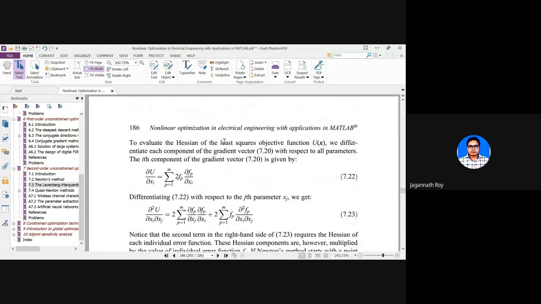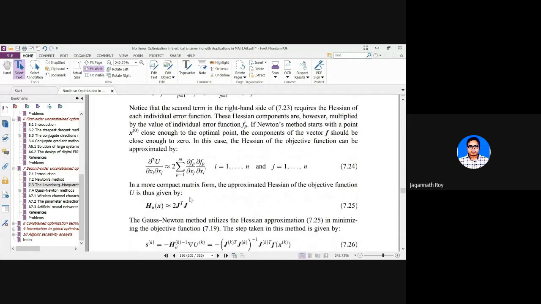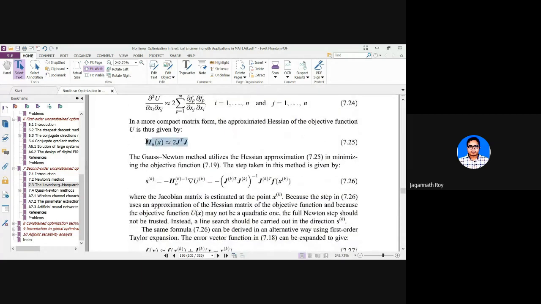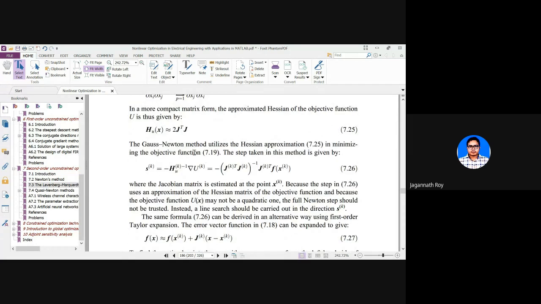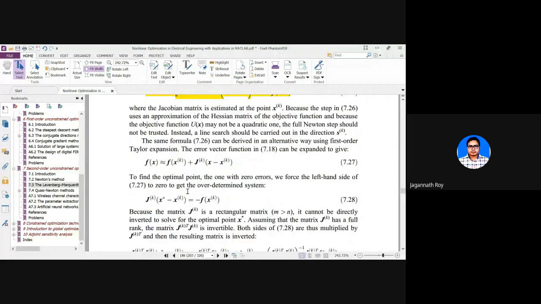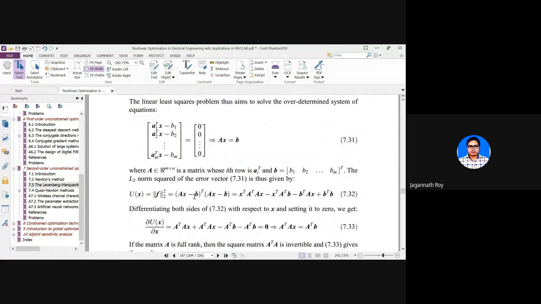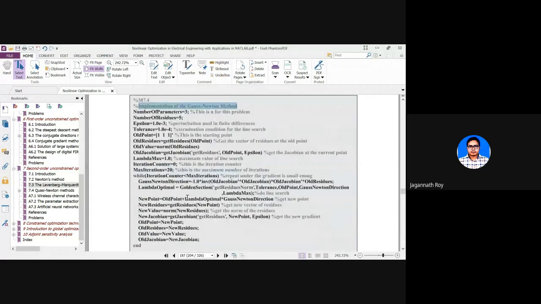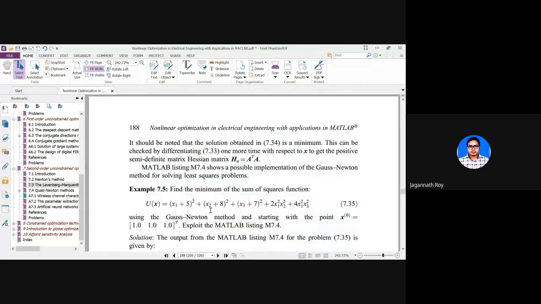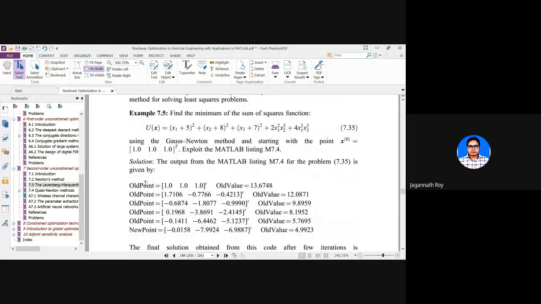They have tried to do the same thing that we have discussed just now. The Hessian matrix is almost equal to, because they are approximating, making the Sx equals to 0, and the function becomes of this form. So one example is also discussed. So try to implement this Gauss-Newton method. See the code, try to debug it, and you'll be able to find out the solutions.